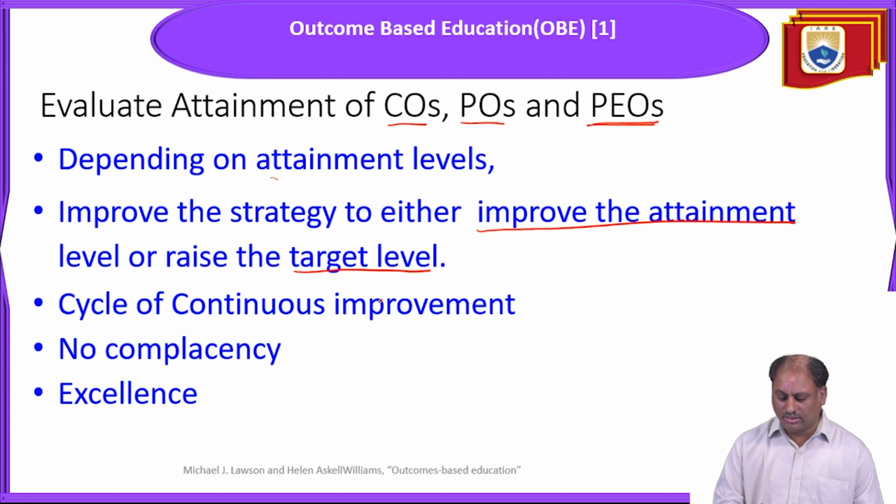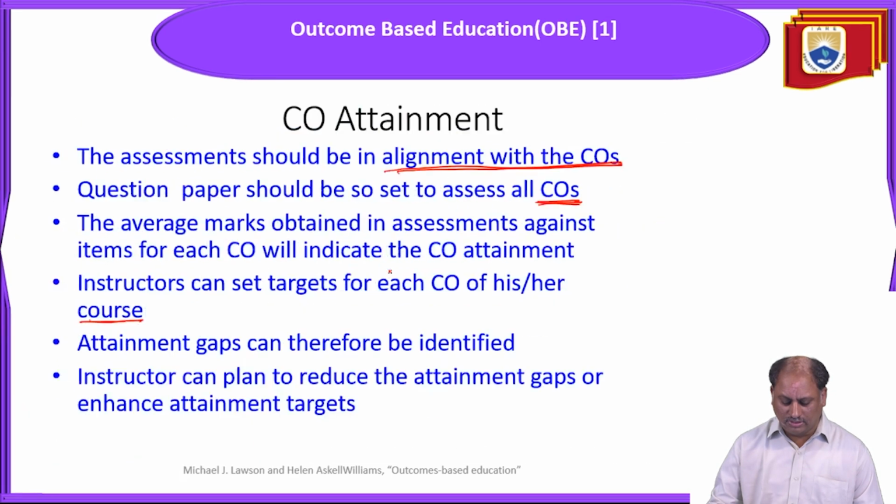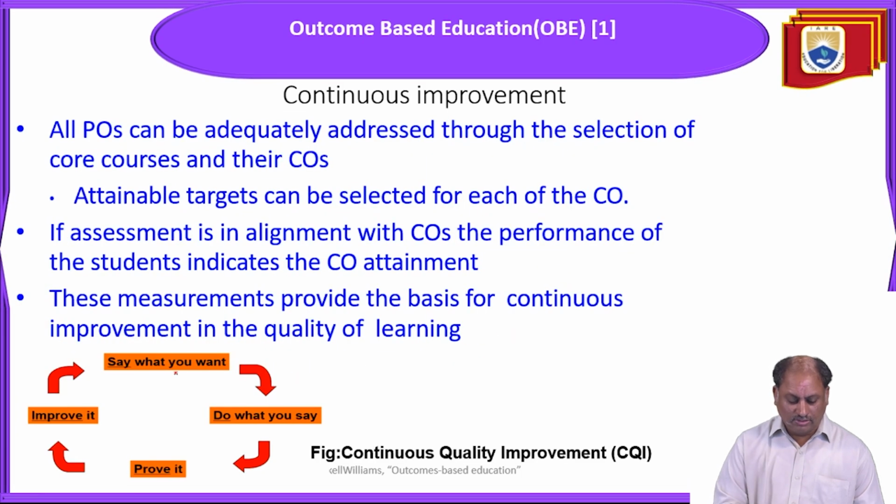This is continuous improvement: setting the PO, then setting attainment targets for a CO, and then checking that the assessment is in alignment with the COs. If the assessment is in alignment with the COs, then what is the performance of the students?